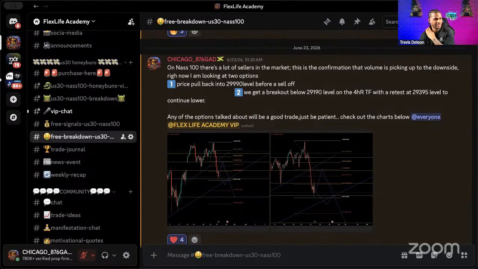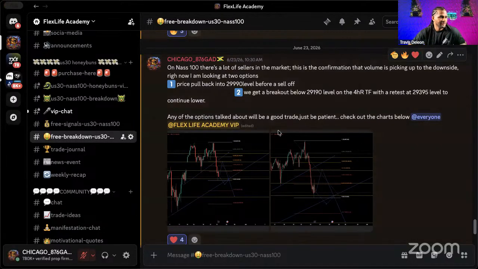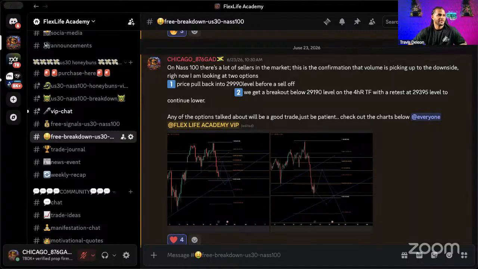Someone asked what was the bias on the trades. The bias on the trade was simple. AI is doing good, but it's not making any money. There are a lot of things that need to be sorted out, and we all know that if a company is not making money and has had such a bullish run, investors tend to take profit until proven otherwise that this run is sustainable.